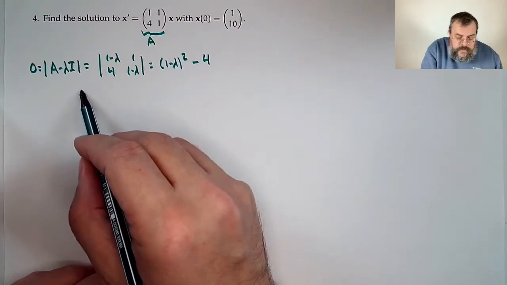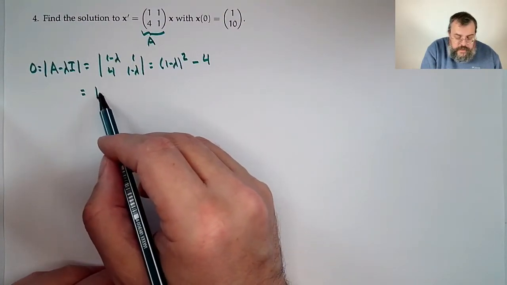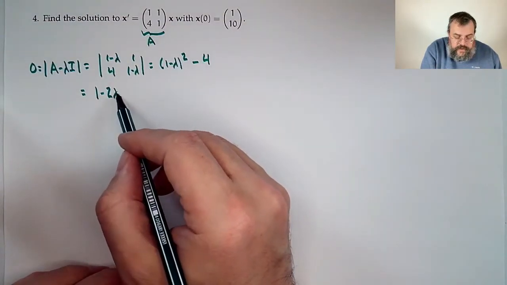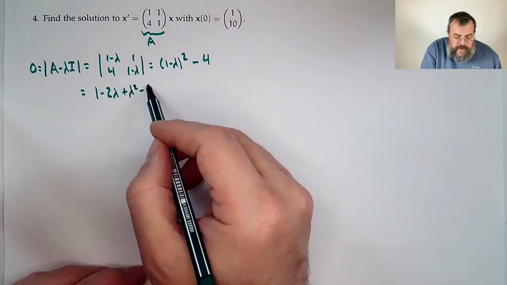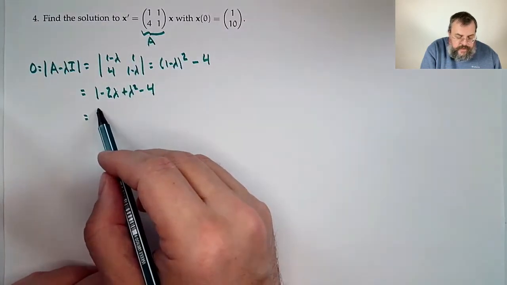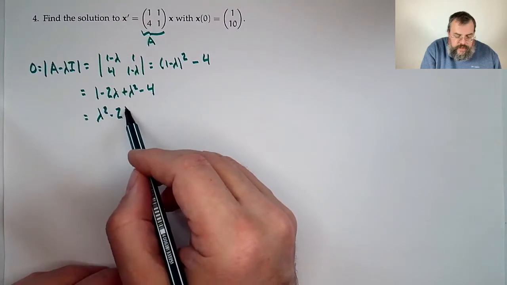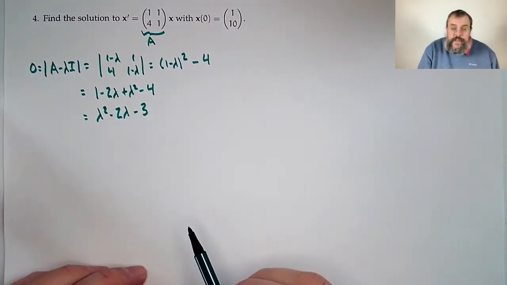Well, that would be 1 minus 2 lambda plus lambda squared minus 4. Well, okay, that's really lambda squared minus 2 lambda minus 3.